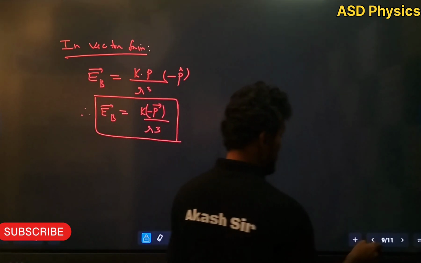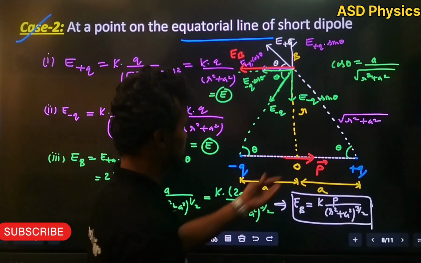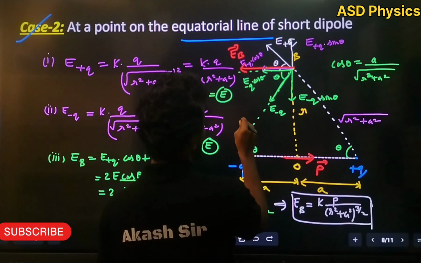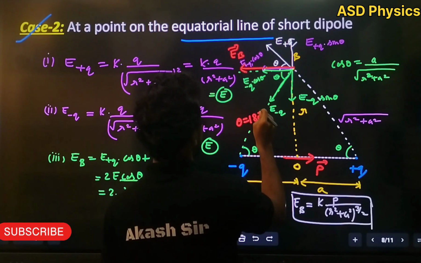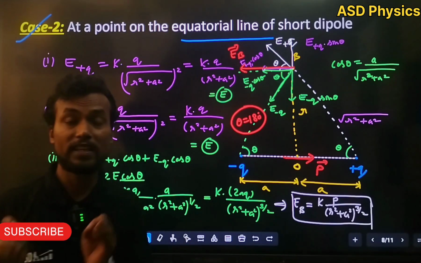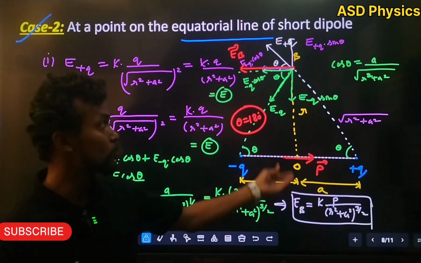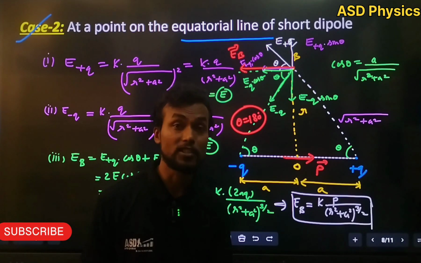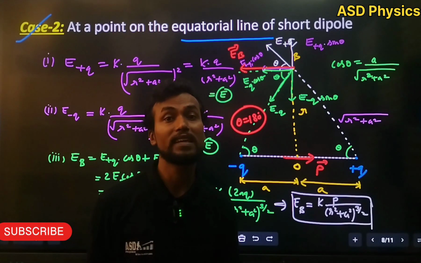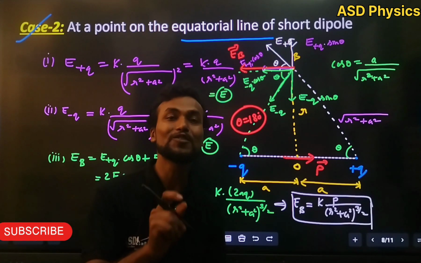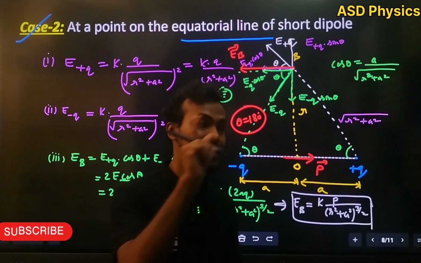Please remember, this angle is 180 degree on the equatorial point, whereas in case of the electric field on the axis, it is 0 degree. That's why in a vector form on the axis, K into 2P by R cube. But on the equatorial point, K into minus P by R cube for the short dipole.